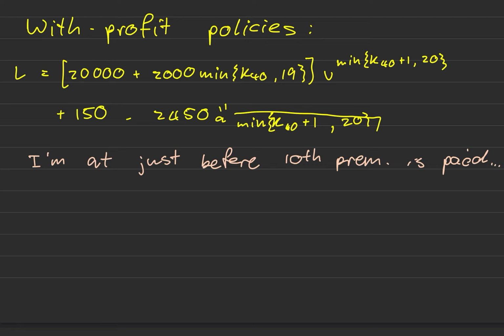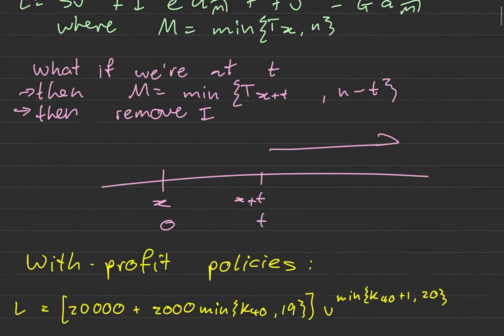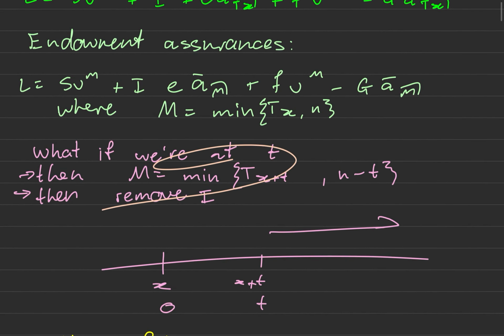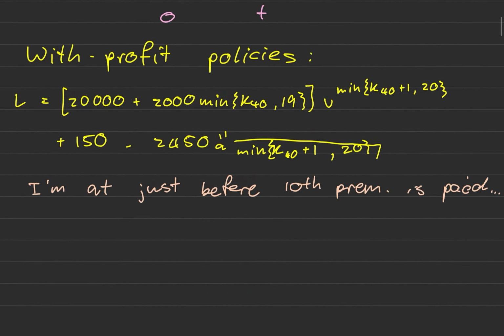Similar scenario to above if we're at time t, but now I'm saying I'm at the point in time just before my 10th premium is paid. If my premiums are paid in advance, this means I'm at time 9, but just before the premium is paid, so at time 8.99999. Okay, that's where I'm at. I'm sitting just before that premium is paid.